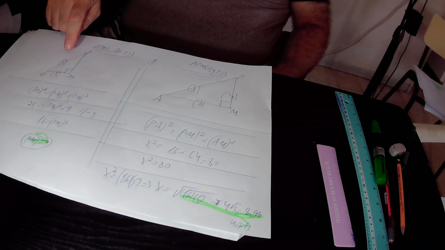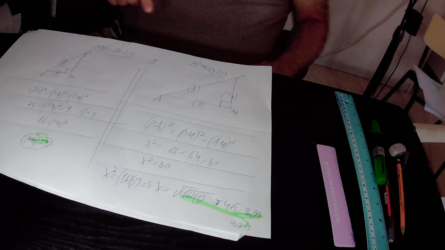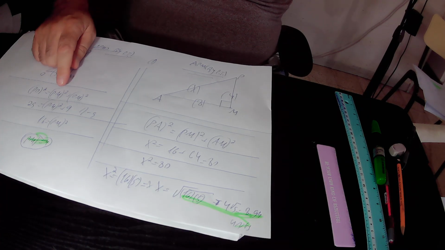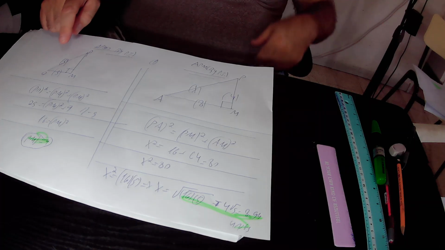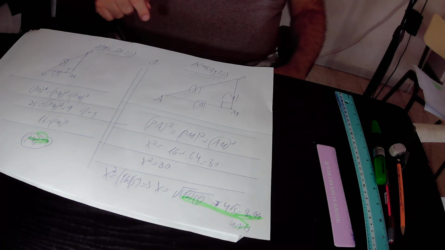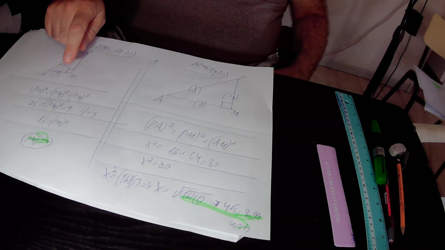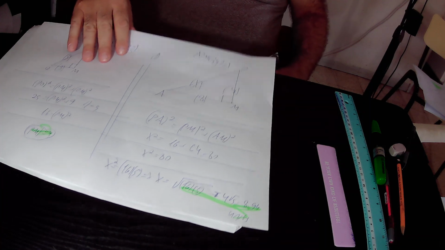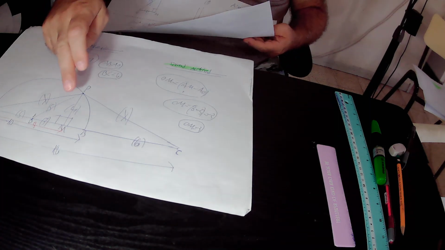OM is 3, so OM squared is 9. So 25 equals PM squared plus 9. Subtracting 9, PM squared equals 25 minus 9, which is 16. So PM equals the square root of 16, that is 4. So the missing side PM is 4.